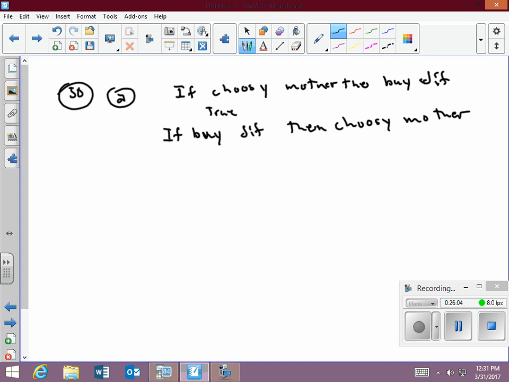My contention is I think that would be a false statement, because buying Jif is not the only criteria for being a choosy mother. The first one you could say, if that person's a choosy mother, then of all the peanut butter, she's going to buy a Jif. But if they buy Jif, it's not the only criteria for being a choosy mother.